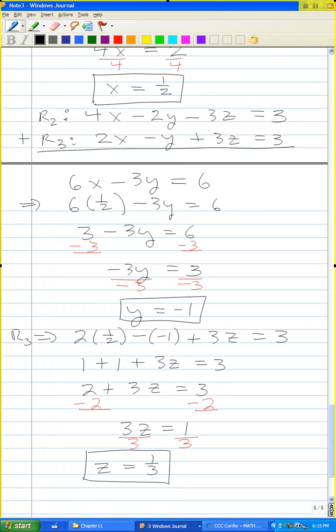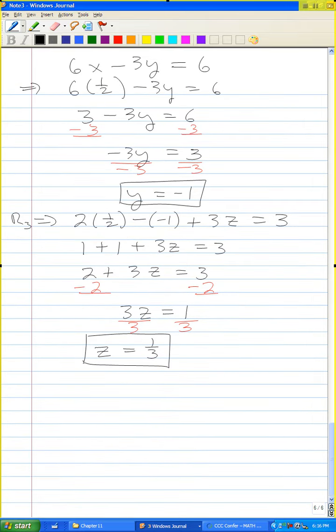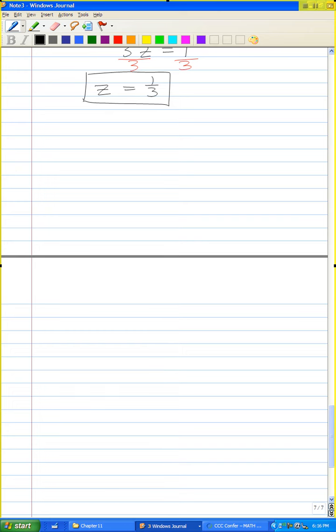Okay. Let me do problem number, let's say 24. 3x minus 5z plus 1 equals 0. 2x plus 7y minus 6 equals 0. x plus y plus z minus 5 equals 0.